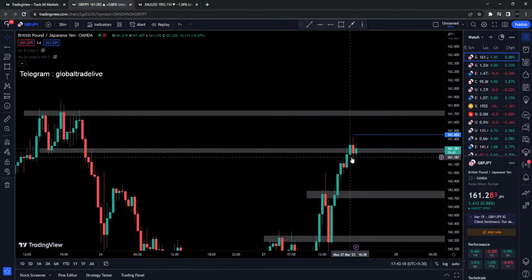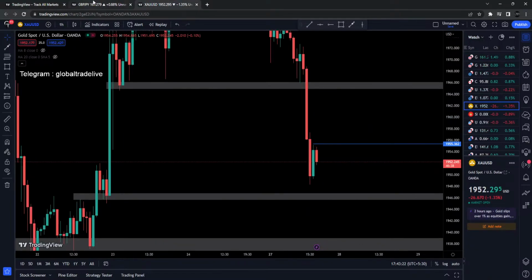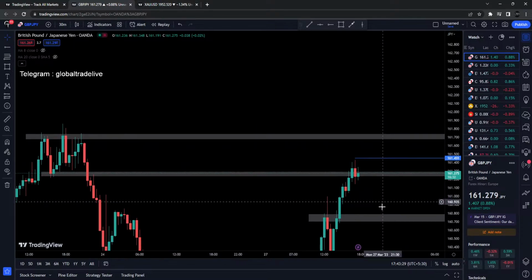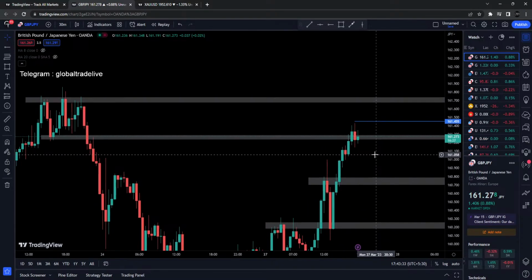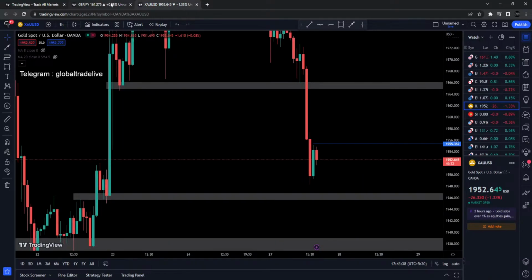So let's hope to get a nice trade in GJ or gold, or maybe in both, or maybe there will be no trade today. Only time will tell whether we are going to have a trade or not. Because right now I really think that we will be getting a nice trade in both cases.